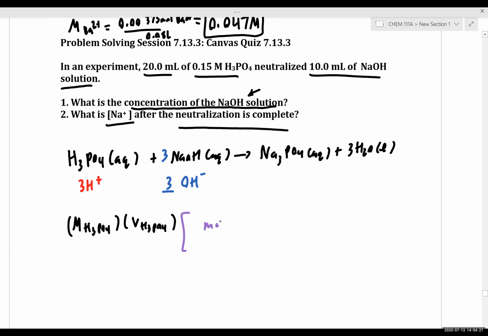How many moles of sodium hydroxide do we need per how many moles of phosphoric acid? Is it 1 to 1, 2 to 1, 3 to 1? What does our chemical equation indicate? Three to 1. Yep, looks good so far.